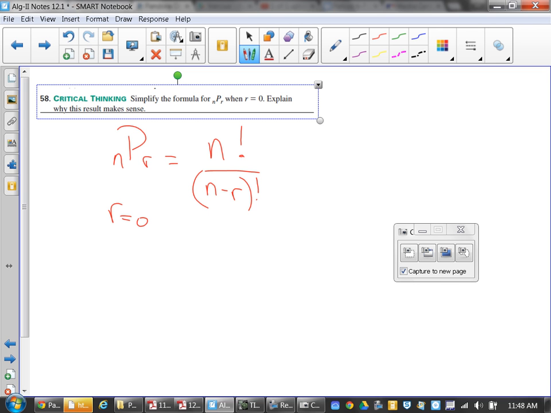If r is 0, you get n factorial over n minus 0 factorial. What's n minus 0? N. So your numerator is n factorial and your denominator is n factorial. They're the same number, and anything divided by itself is 1. That's why that works, and that's why 38 works. With 16 permute 0, you get 1 as well.